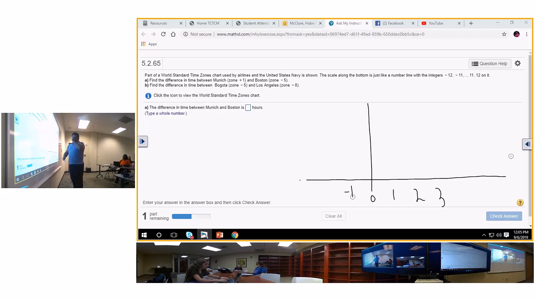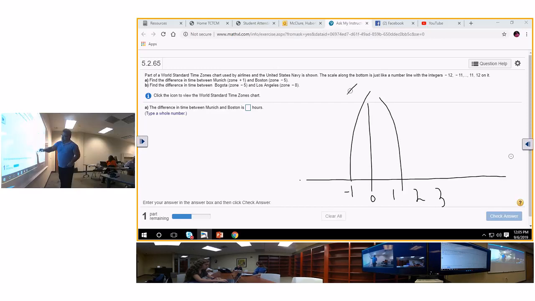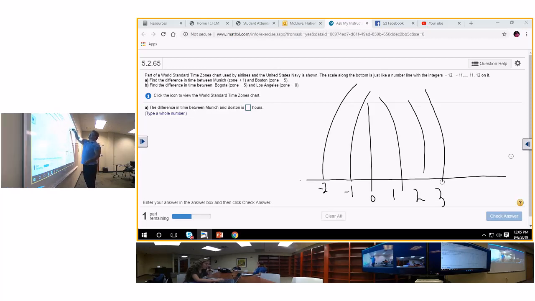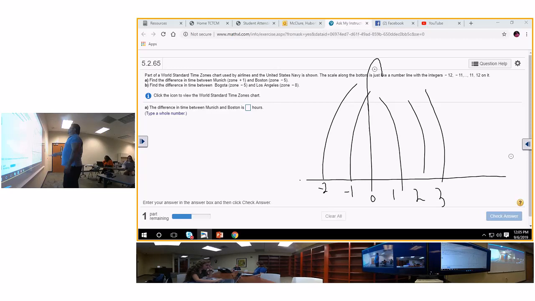Okay. Time zones are basically like that. Everybody with me? Okay? Because the world wraps back around till you get to the other 0, which is going around the North Pole and going around the other side.